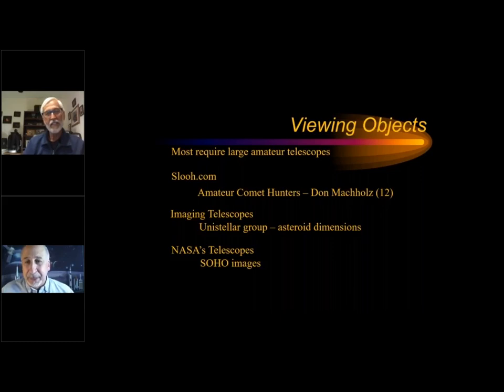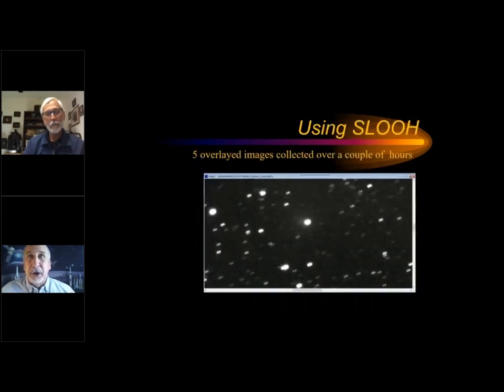Here's an example of that, Spence. These are 5 images collected by one of those amateur comet hunters on Slew that I mentioned, taken over a period of a few hours and overlaid. The telescope was pointing at a specific star field. And how did he know he found a comet? Well, we can see the motion of that comet over a period of just a few hours.